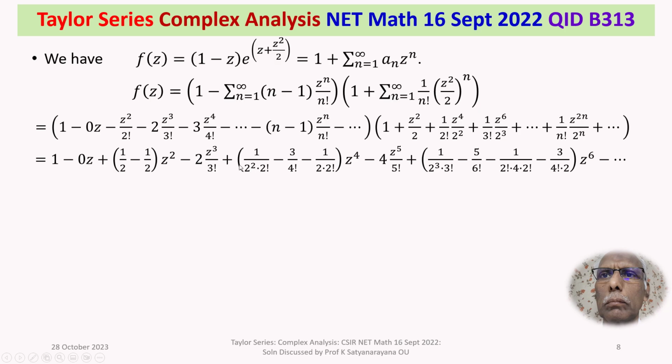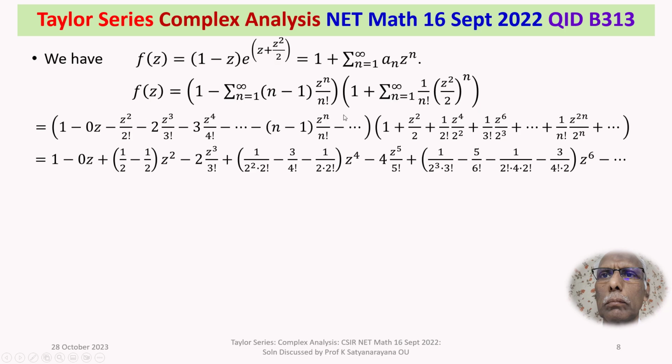Agreed. Now we want z to the power of 4. 1 into here, this one, the coefficient is 1 by 2 factorial into 2 square. Agreed. From here 1 into minus 3 by 4 factorial. Yes. There is another term. Here is a z square and another z square here.